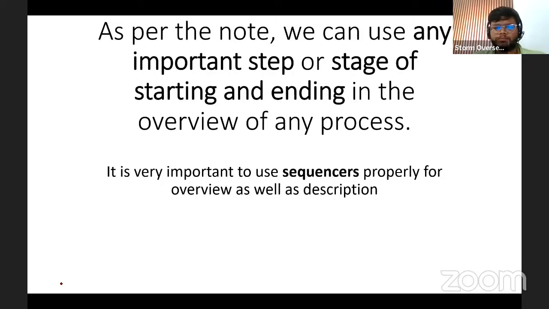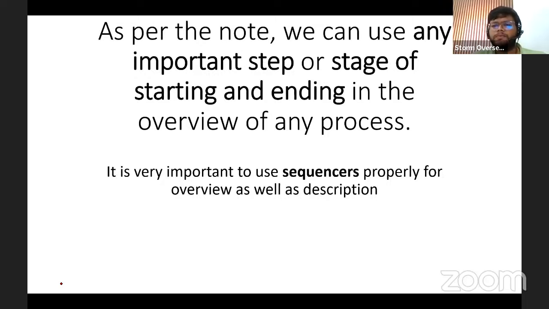So as per the rule, what we can mention is an important step or the starting and ending stage of any process. When you write your body paragraph, it is very important to use sequencers, because if you don't, you might be in trouble, as you will be making simple sentences and that is not going to help. In the case of process and map, they are very easy tasks. You just need to use passive structure and some of your own vocabulary.